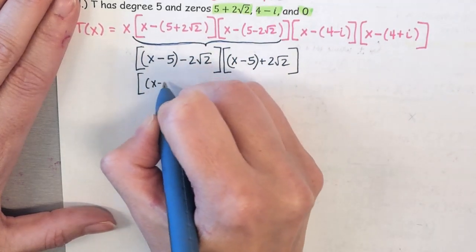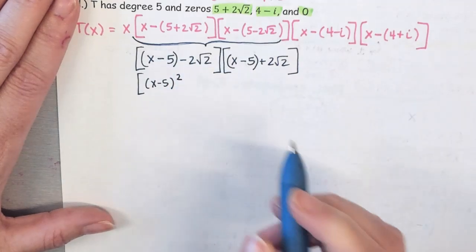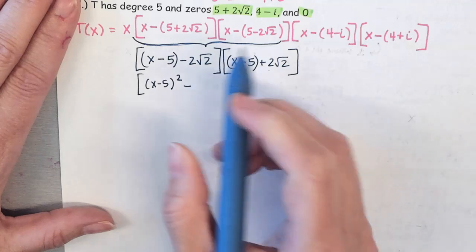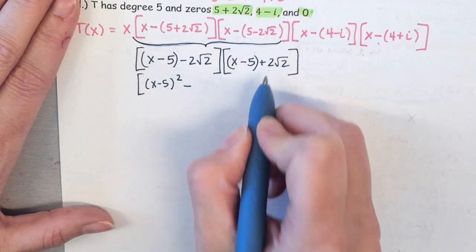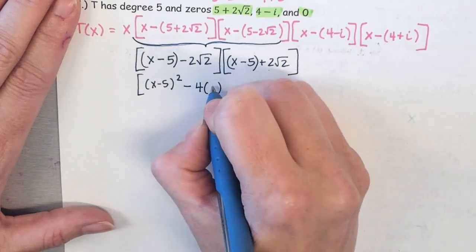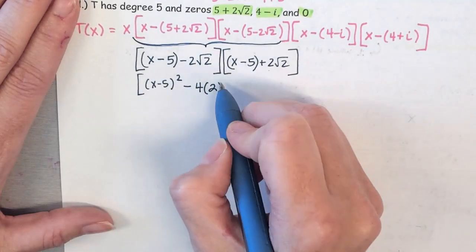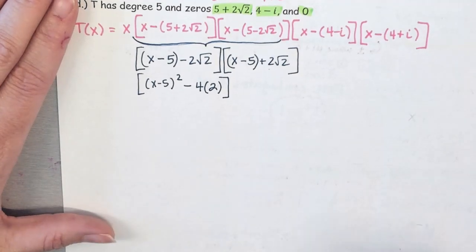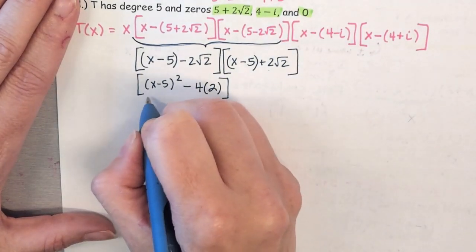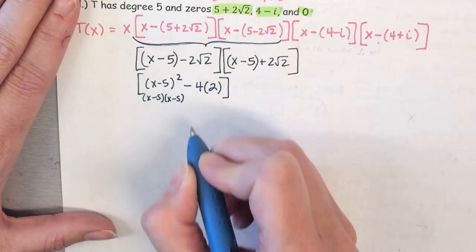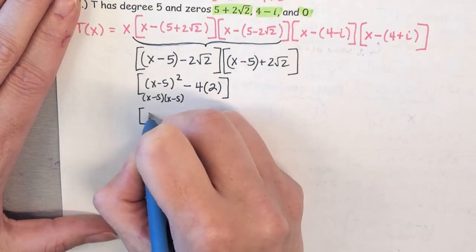Okay, so we have x minus 5 squared. We know this is going to be a negative because we're always multiplying the conjugate. What's 2 times 2? 4. What's root 2 times root 2? 2. So this is really going to be minus 8. Okay, and again, I write this out because it helps me. If you want to jump to the next step, that is fine.